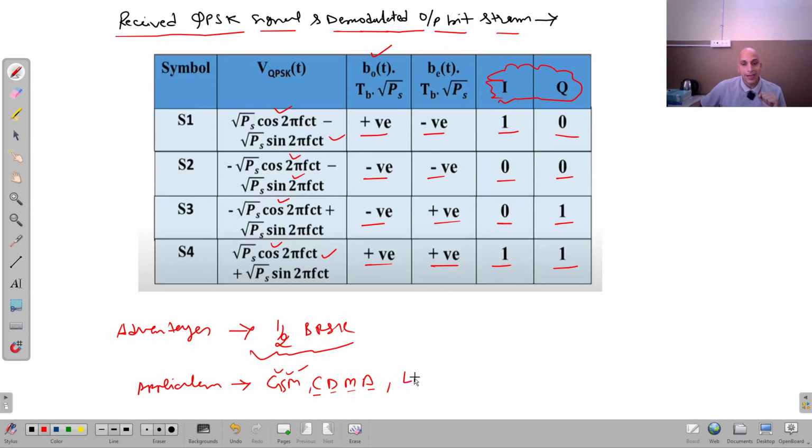It is also used in LTE, long-term evolution, that is commonly used nowadays. It is also used in satellite communication as well as cable TV. So all these are applications where QPSK can be used.